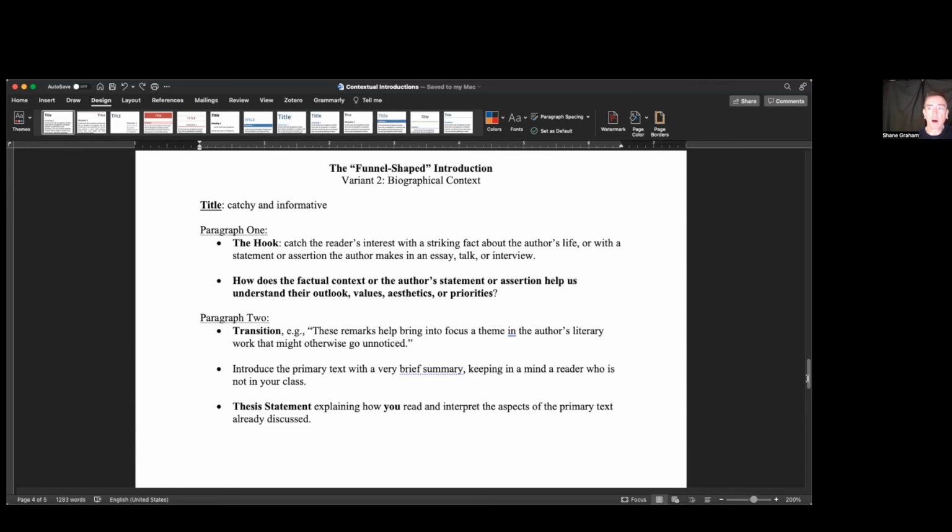You might also think about critical contextualizing introductions that start by summarizing what the critics have said about this novel and then in the second paragraph, moving into where you think those critics got it wrong. It could be some cultural contextualizing introduction that starts with, for example, explaining a practice in Haitian Vodou before you then go on to analyze a text in which that practice is represented and plays some pivotal role in the plot.